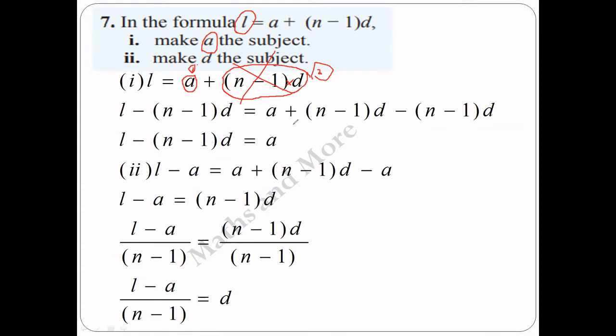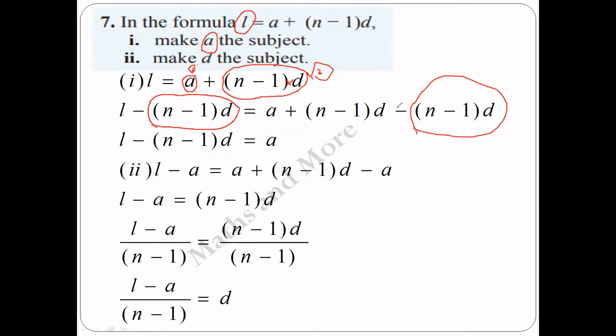Then how to remove that one? This n minus 1 into D is added to this A. So the inverse mathematical operation is subtracting n minus 1 times D. So you have to subtract n minus 1 times D from both right and left of the equation.